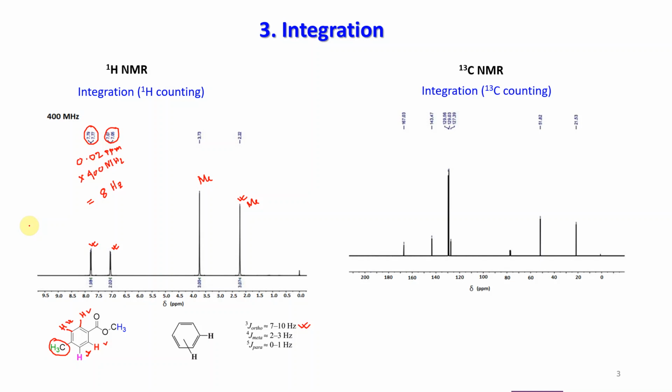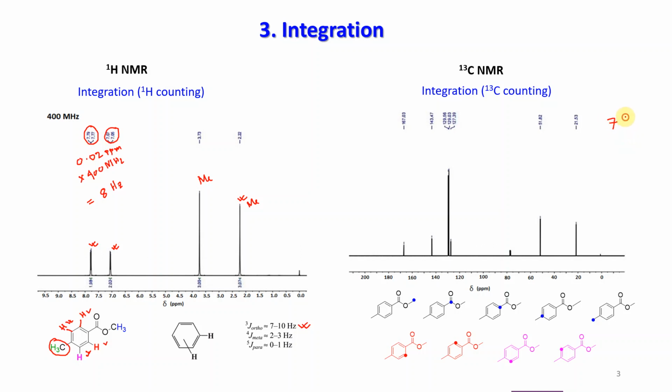If we look at the same compound, what we find is that from this figure we have 1 2 3 4 5 6 7, so 7 types of carbon, okay, 7 types of carbon.